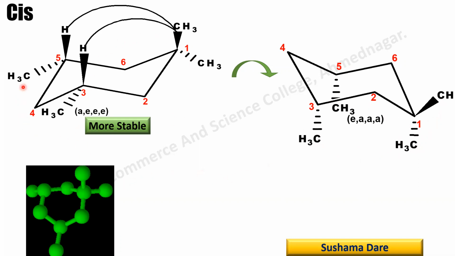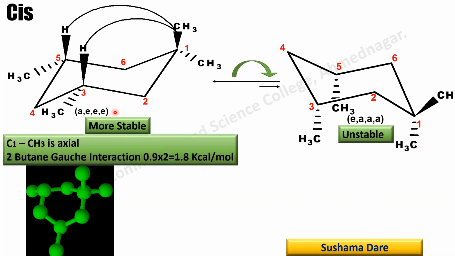So the AEEE structure is the more stable conformer, and of course this one is the unstable conformer. So the equilibrium arrow shifts towards the AEEE conformer. The energy of this molecule, as there are 2 gauche interactions, is 2 into 0.9, that is 1.8 kilocalorie per mole. Now you can see which conformer is more stable.